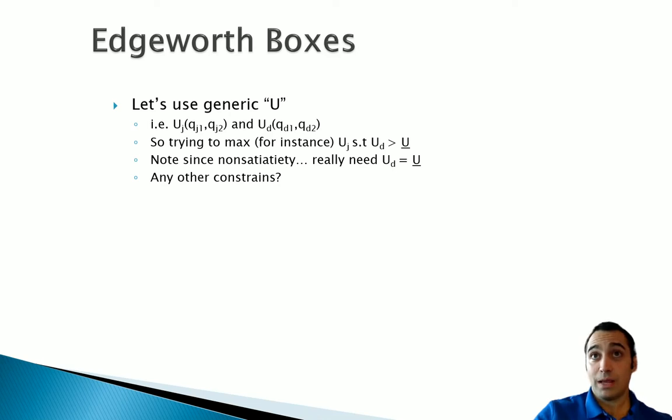If ever we were to give Denise more than the requisite U bar utils, that would mean we can make Jane a little better. So we're going to actually be able to use the equality constraint by the same argument we used when we did the expenditure min and budget problems for consumers. So we're maximizing Jane's util subject to Denise getting some fixed amount of util for herself.